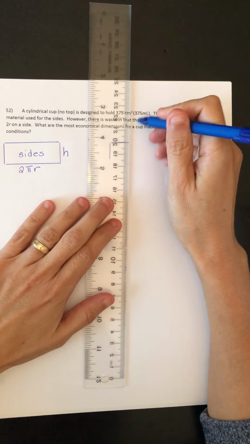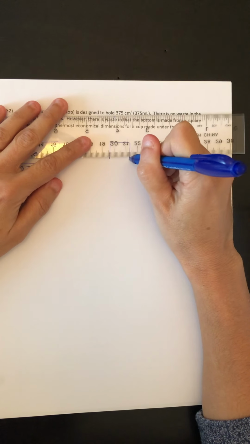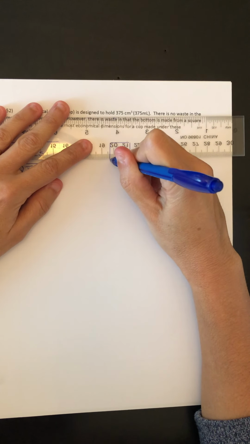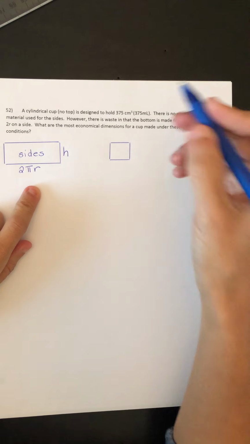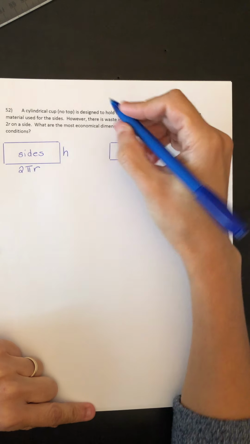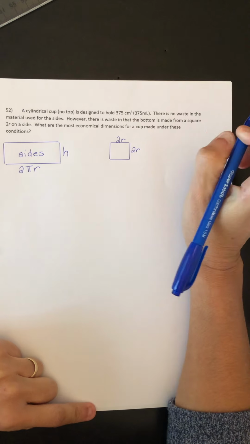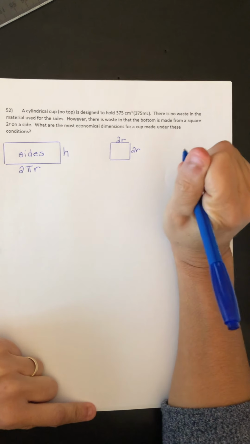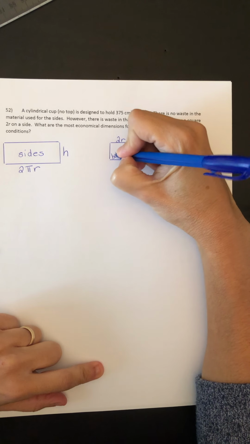I'm attempting to draw a square here, and this isn't obviously to scale. They said it's 2r on a side. What that means is it's a 2r by 2r square. And they're using that to make the bottom of the cup.